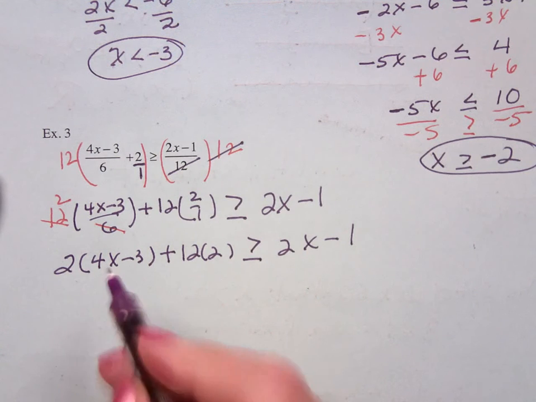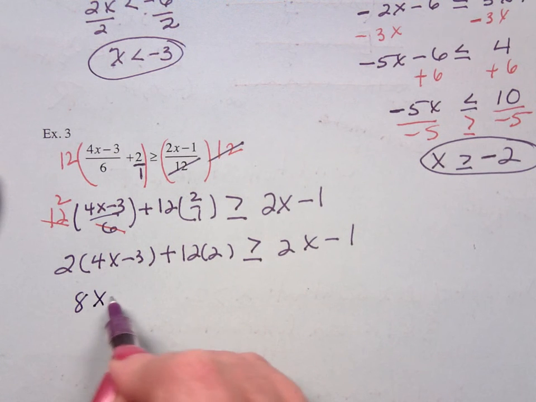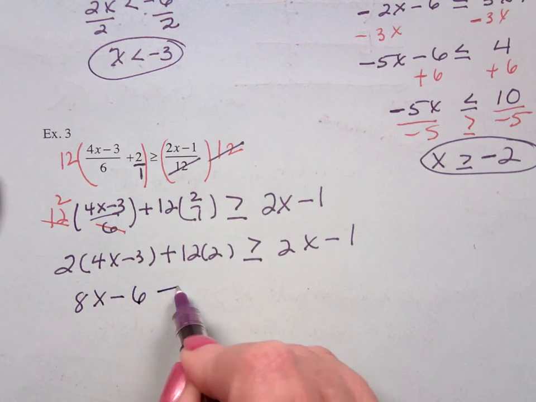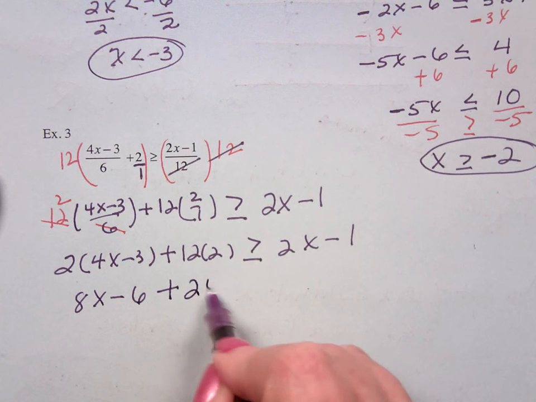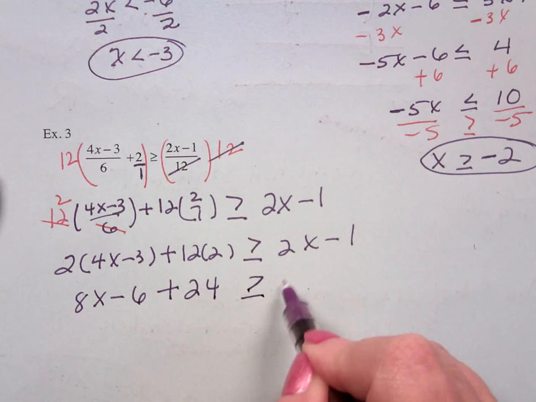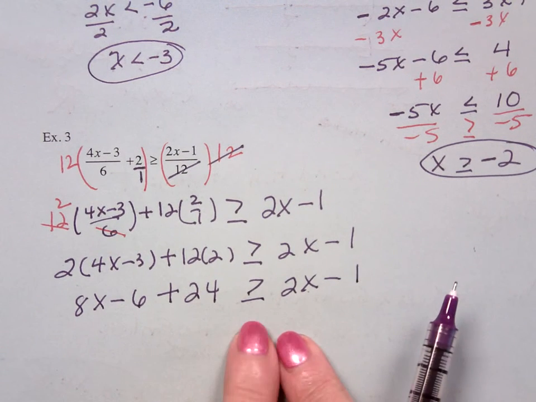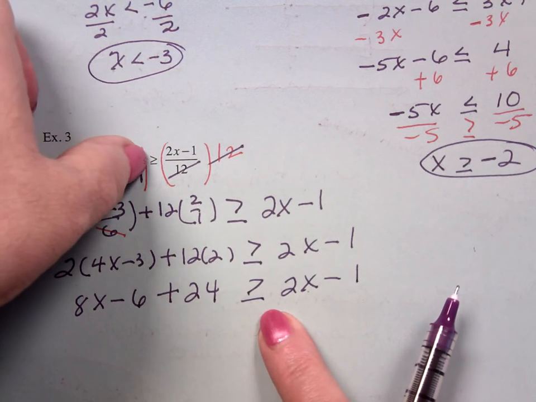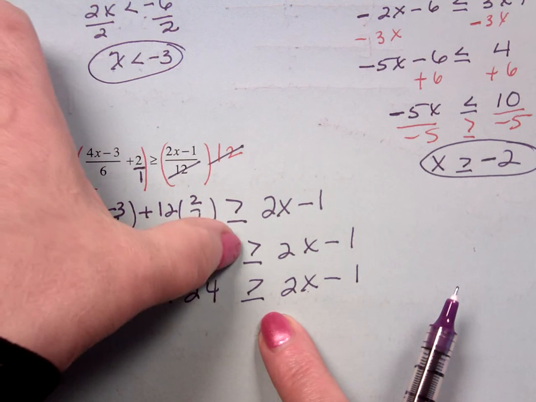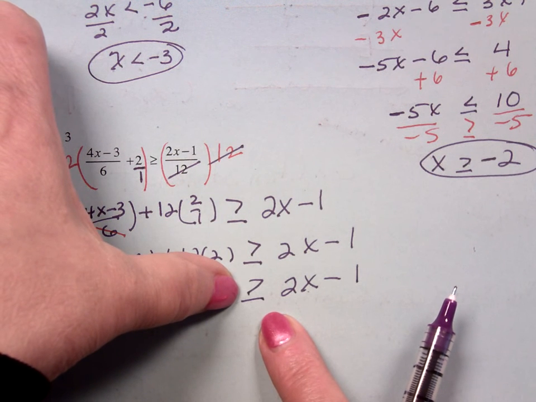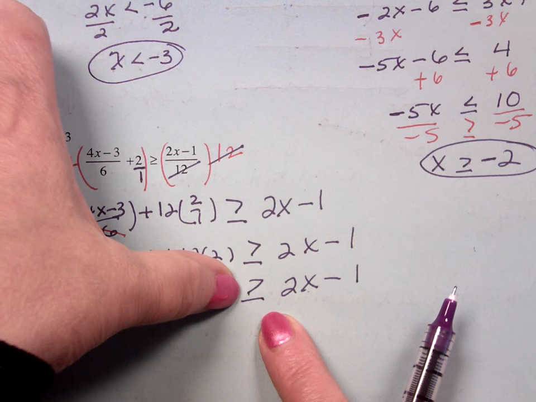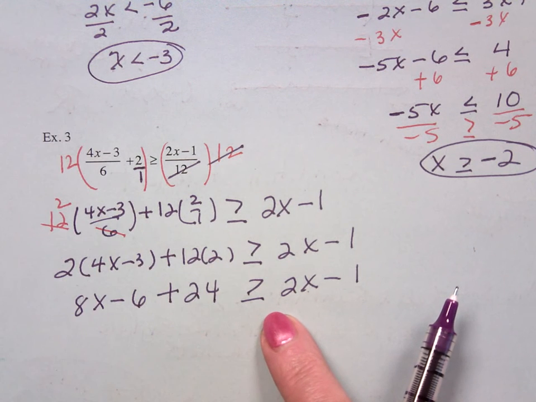Clear parentheses, 8x minus 6 plus 24 is greater than or equal to 2x minus 1. Notice I keep the symbol, so if I start out with a greater than or equal to, I keep that going until something tells me it needs to change. I don't change it to an equal sign.